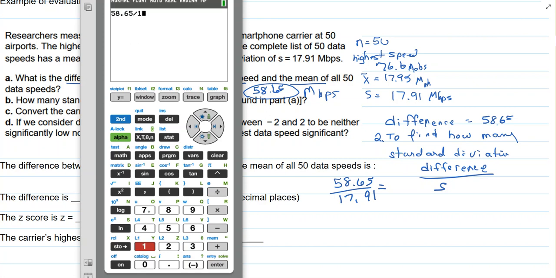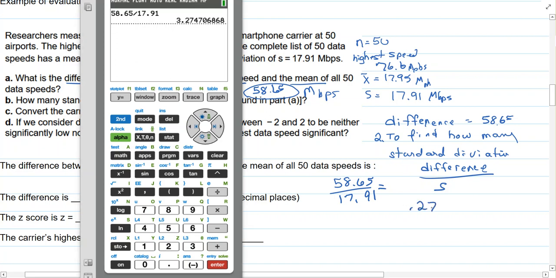Divided by 17 and 91. And I get, well, we want a standard deviation of at least 2 points. There's two decimal places, 3 and 27/100 is our standard deviations around the mean.